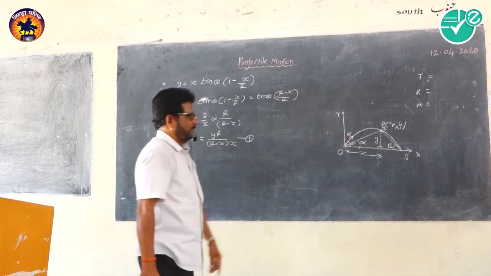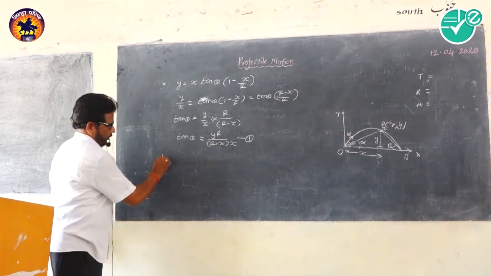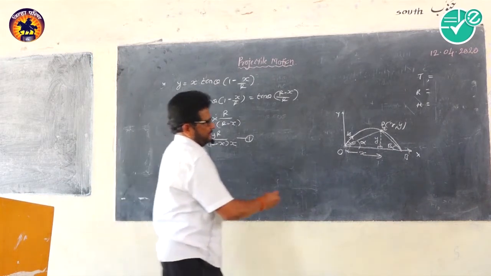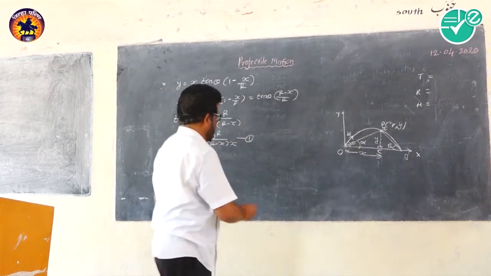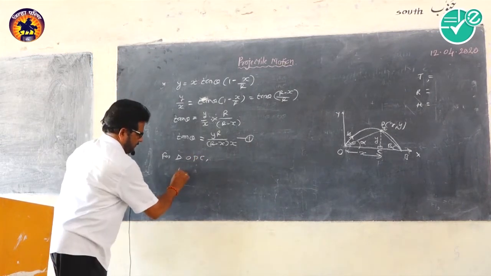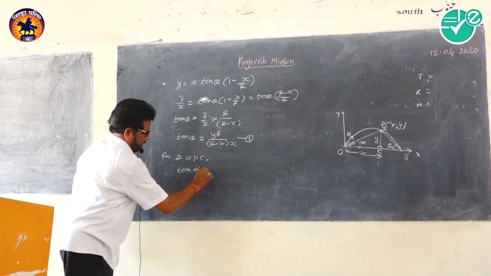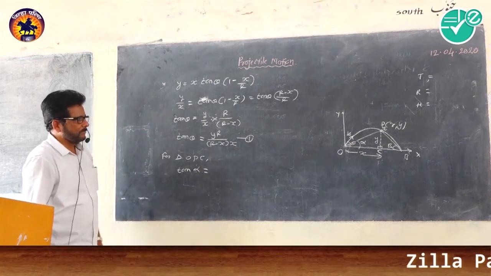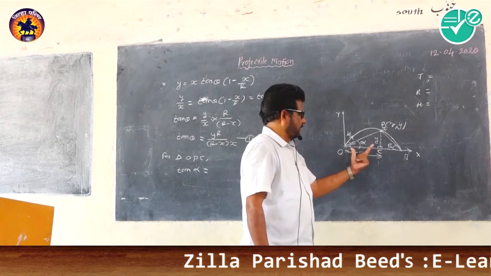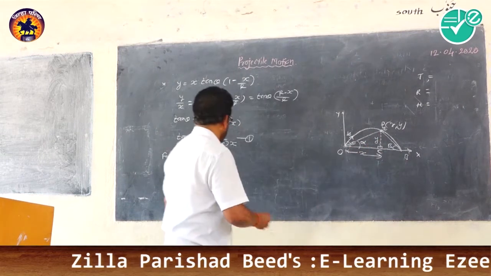So for triangle OPC, tan alpha is equal to height divided by base, that is y by x.